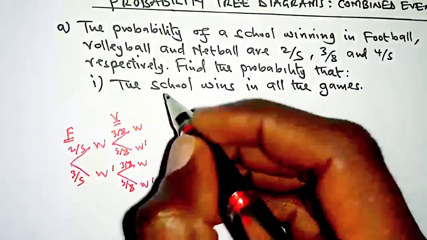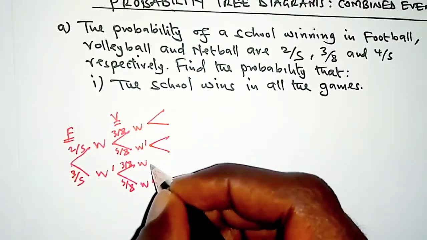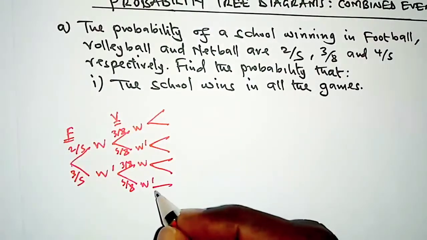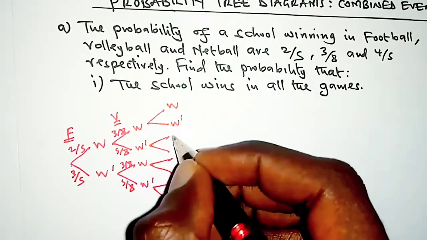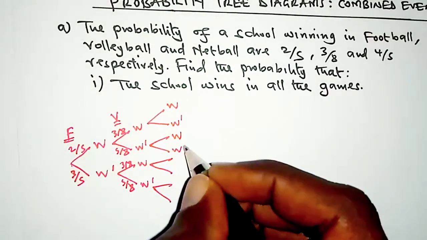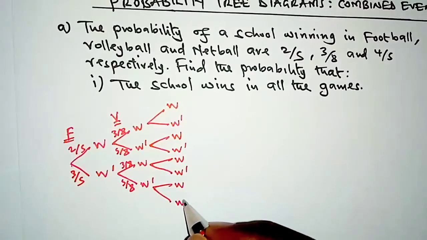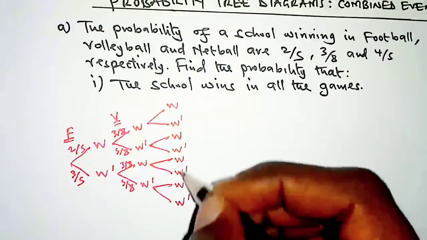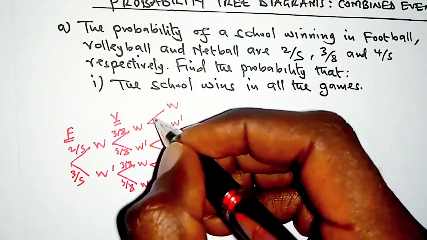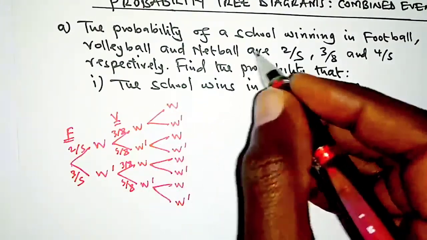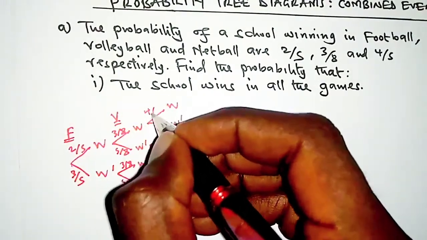Finally, for netball, we form another branch. So the school either wins or loses in a netball match. So the order has to be maintained all through. The probability of the school winning in a netball match is 4/5.